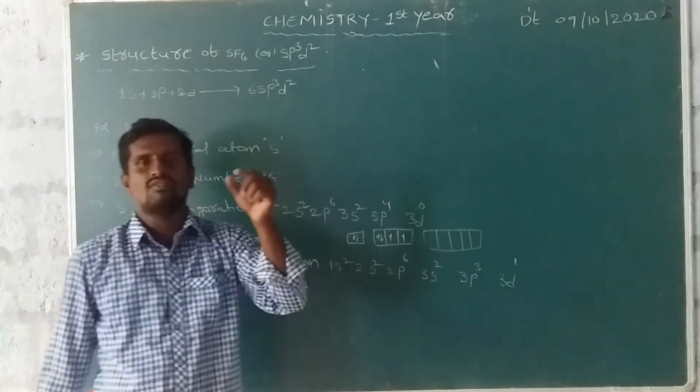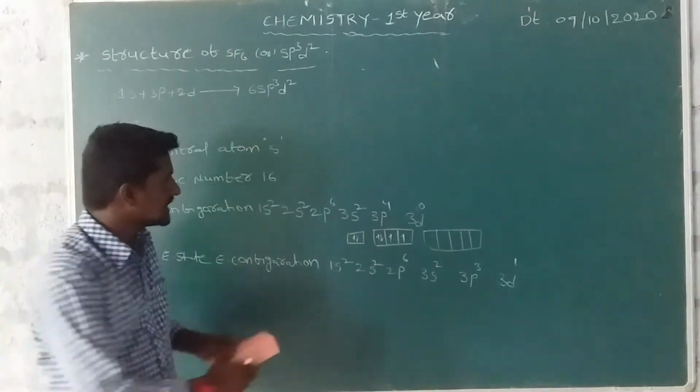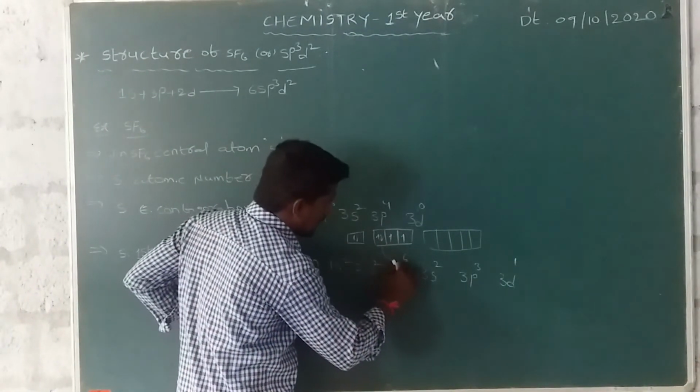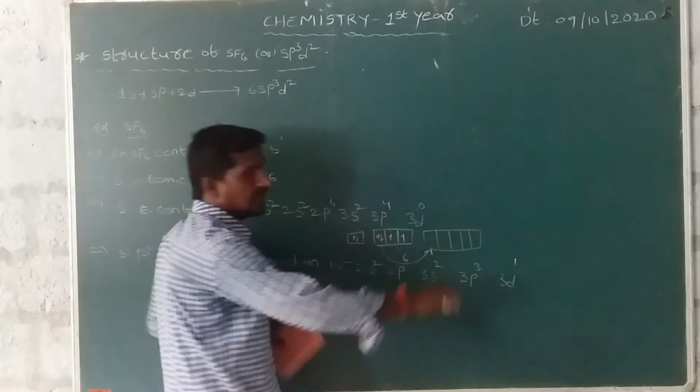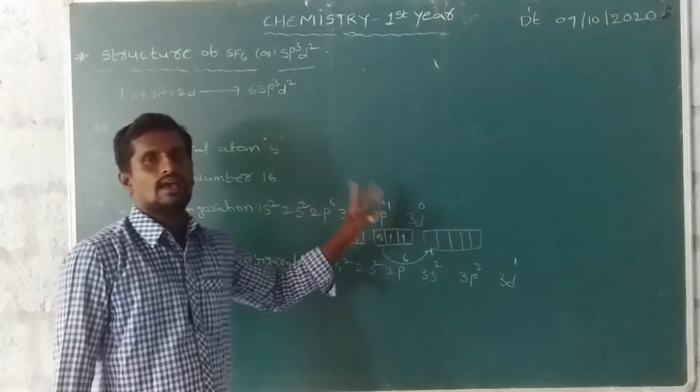In the first excited state, one electron moves from the 3p orbital to the 3d orbital.